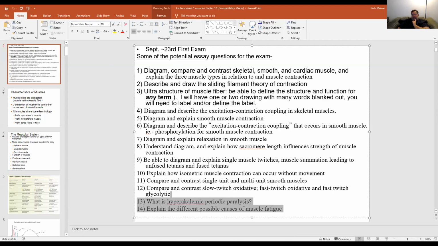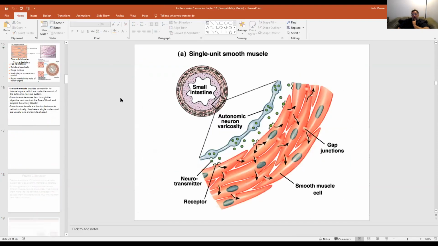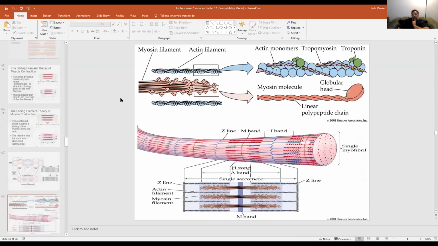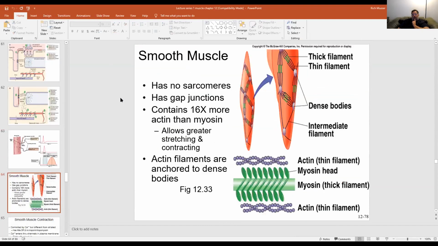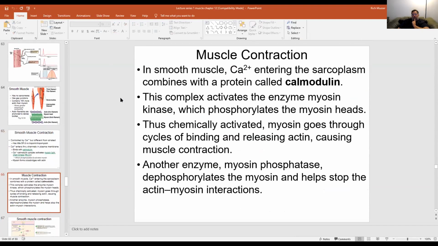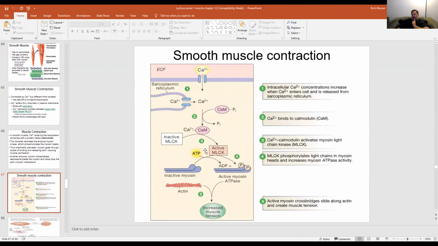So what do you need to do for this lecture? I want you to write a summary of how smooth muscles contract, and I want you to diagram smooth muscle contraction, which would be slide 67.